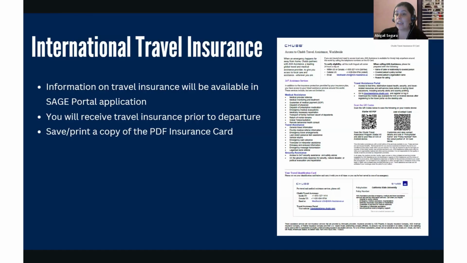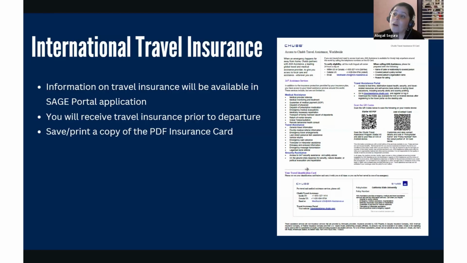So let's say you get sick while you're abroad and you need to see a doctor, you need to be prepared to pay for those services out of pocket, but save all your receipts and invoices, and then you would work with the insurance to get a reimbursement. The insurance, all their services are listed here.